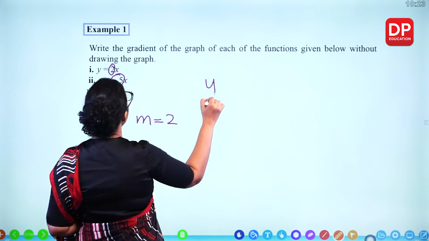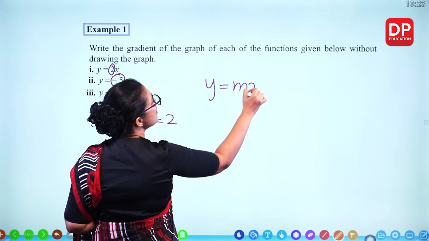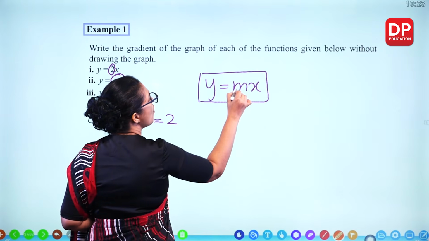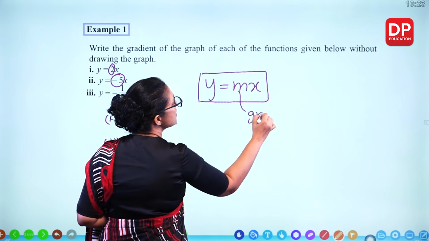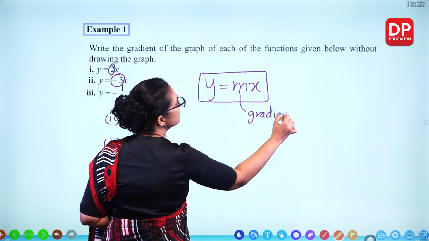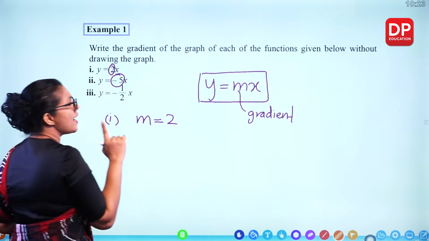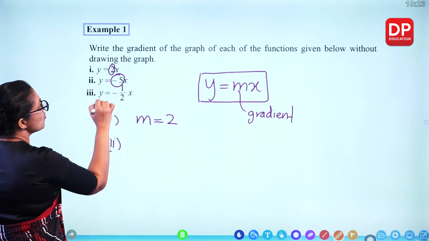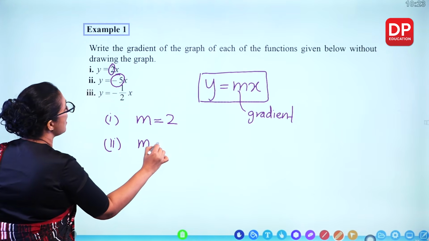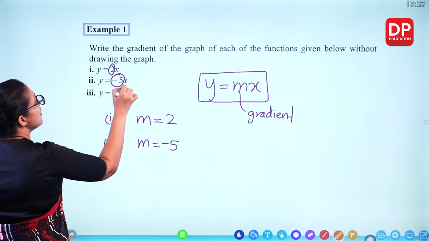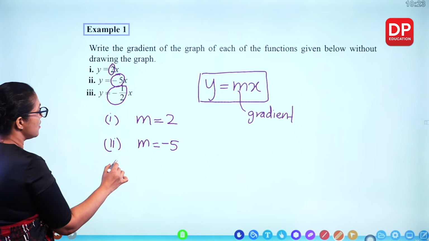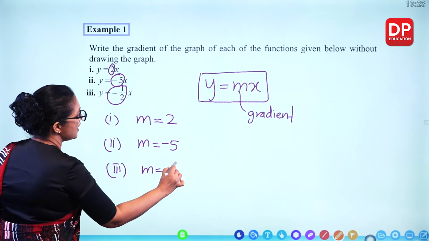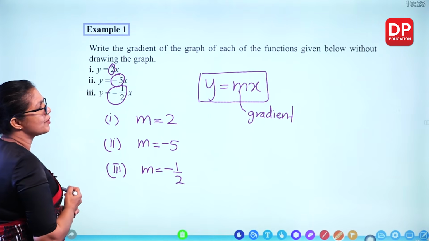When you get y equals mx form, in this form, this is the gradient. The left hand side should be y. Here y is already there, so m equals minus 5. Here, this one, m equals minus half.